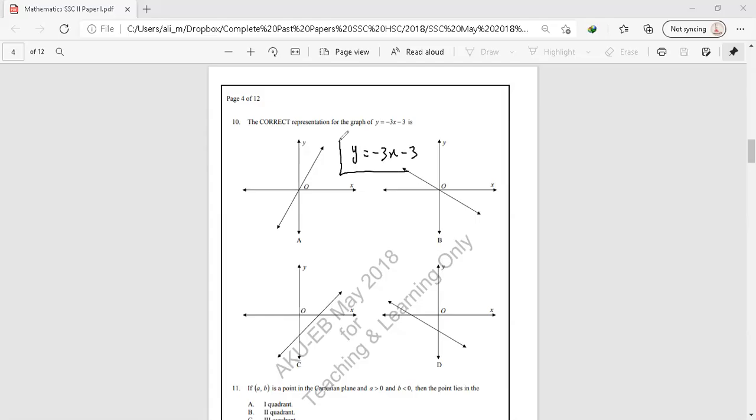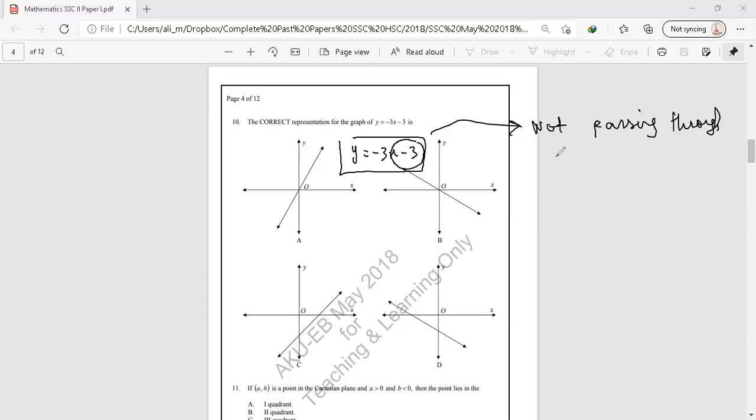So this equation is not passing through the origin, because an equation that passes through the origin does not have any constant value. So we have this minus 3. This shows that this equation is not parallel to the x-axis or y-axis, nor passing through the origin.